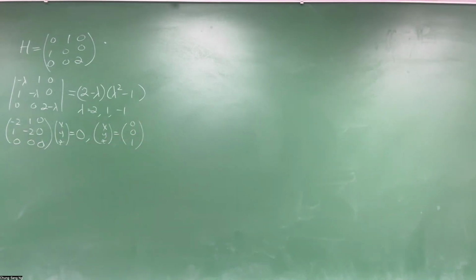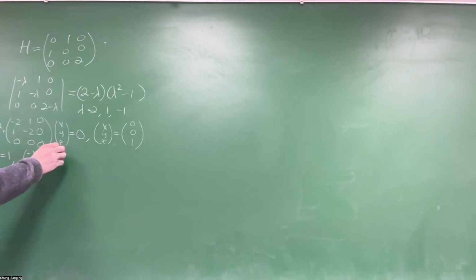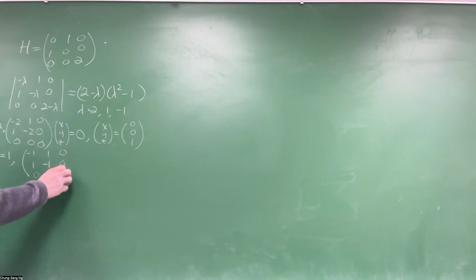That's the first eigenvector, and this is for lambda equals 2. Now lambda equals 1. We have minus 1, 1, 0; 1, minus 1, 0; 0, 0, 1.